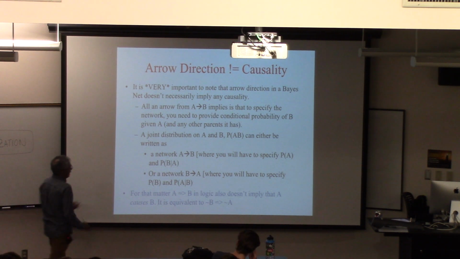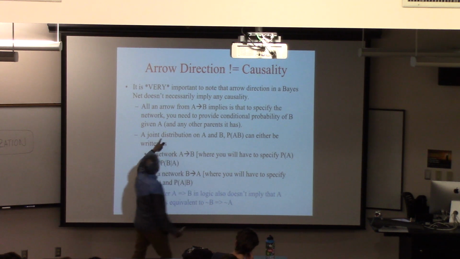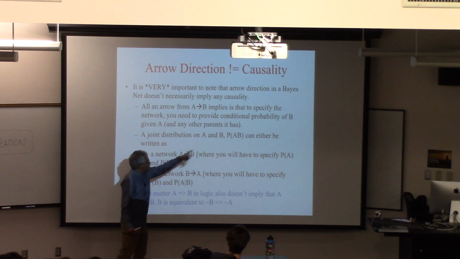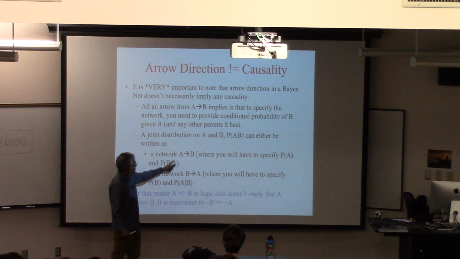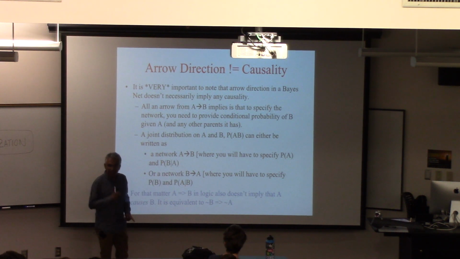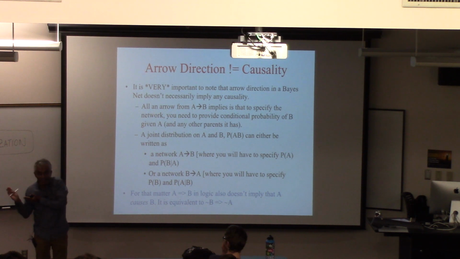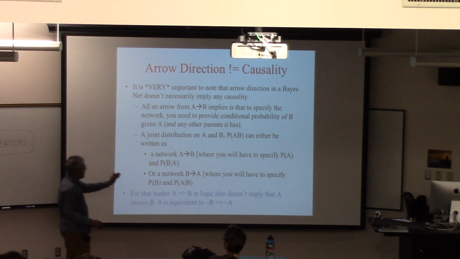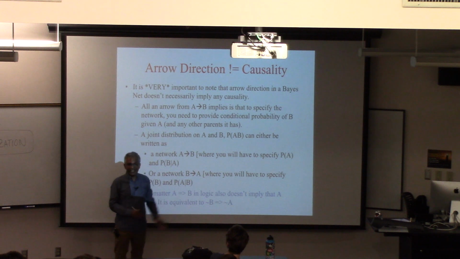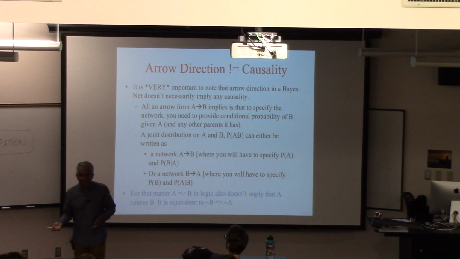In particular, the joint distribution on A and B, P of A, B, can either be written as A arrow B, in which case you have to give P of A and P of B given A, or B arrow A, in which case you have to give P of B and P of A given B.